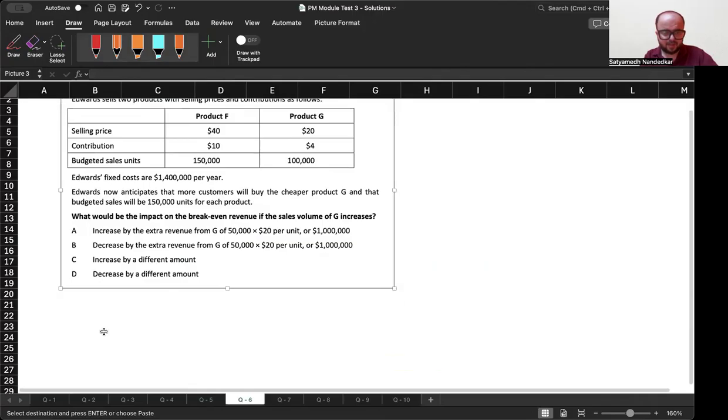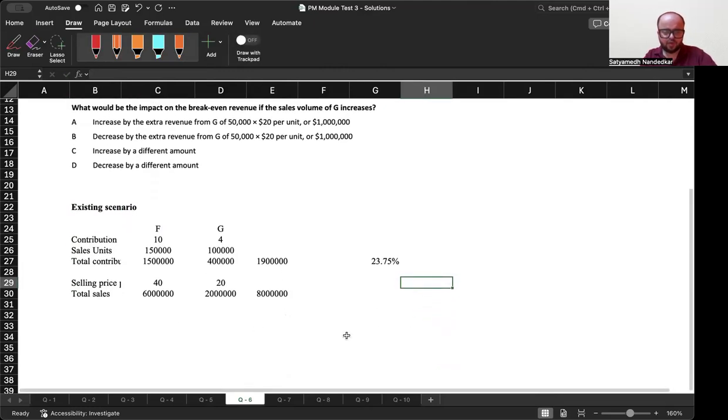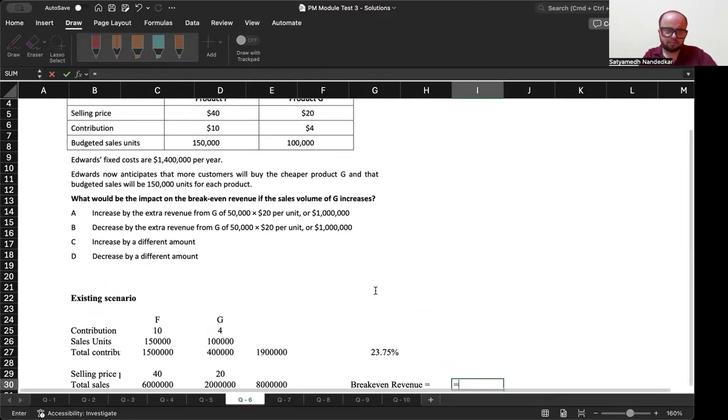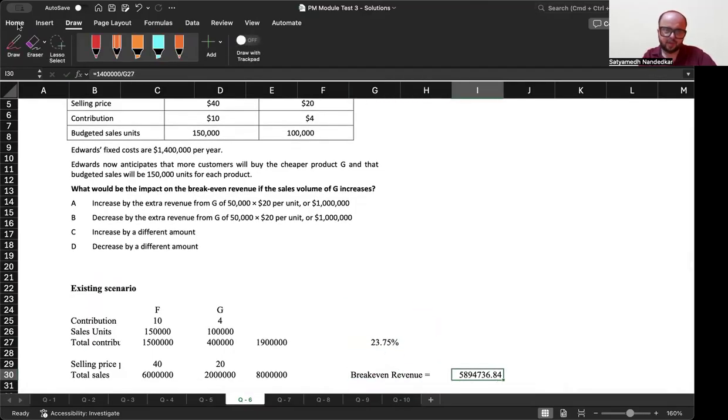This is my existing scenario. Okay. Existing scenario and what is your break-even revenue? Break-even revenue would be 14 lakhs upon 23.75.